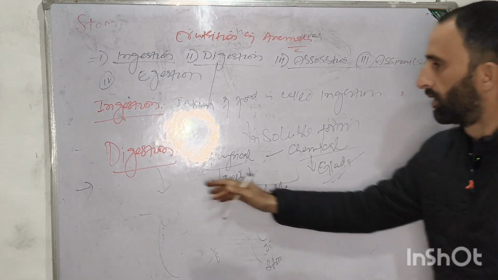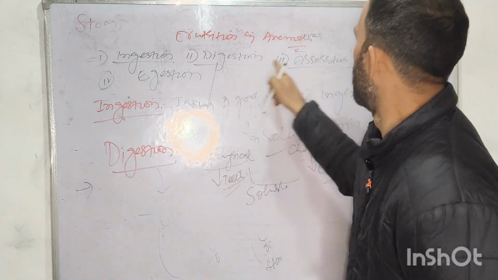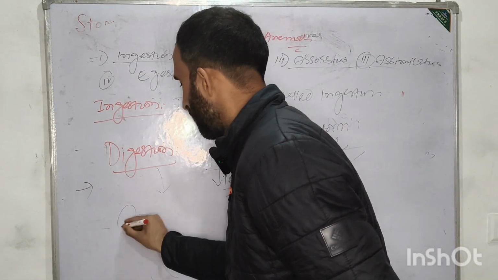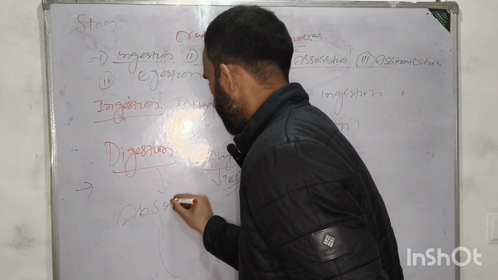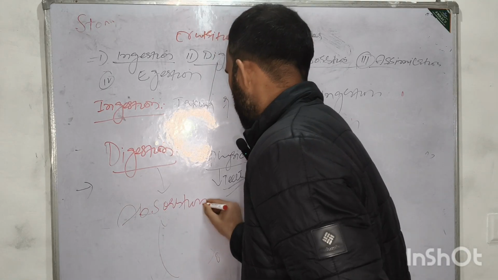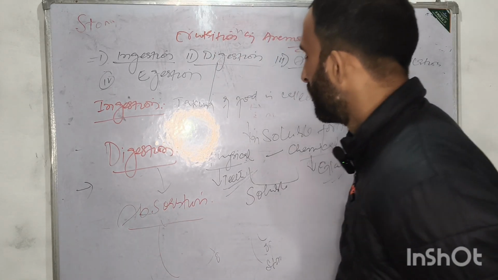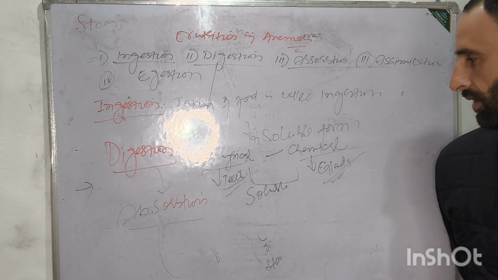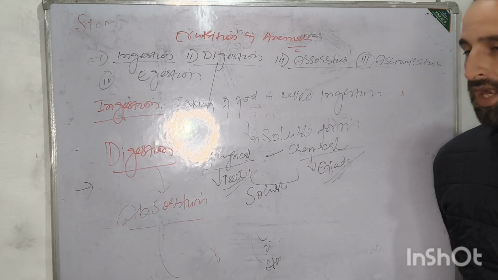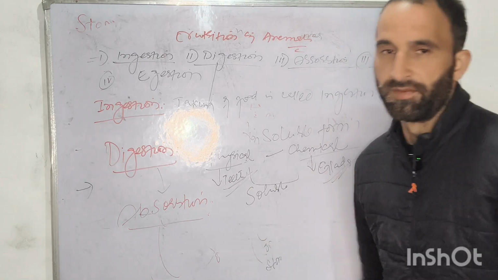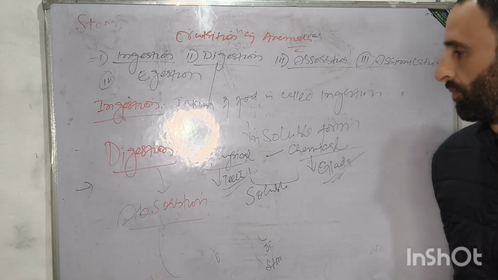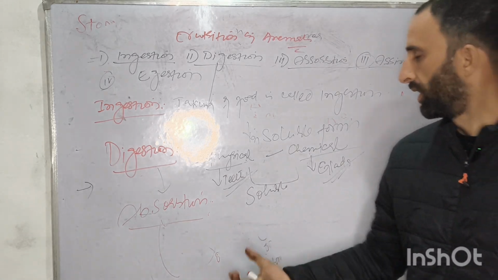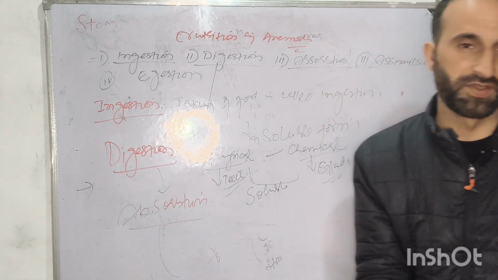Another step is absorption. What is absorption? This soluble food passes into the intestinal wall, which absorbs the digested food, and then it passes into the bloodstream.